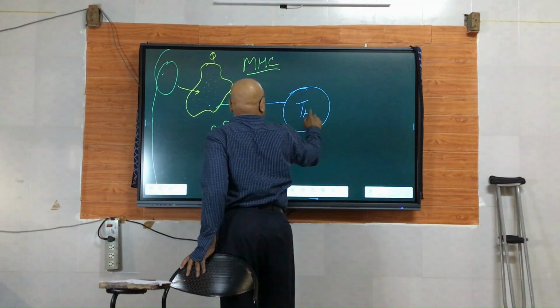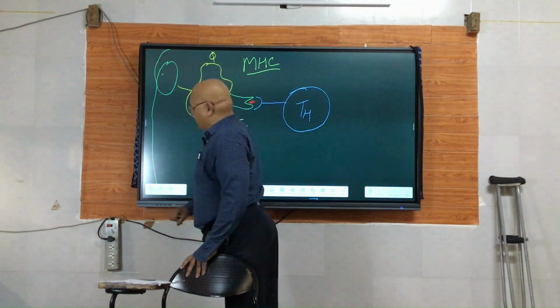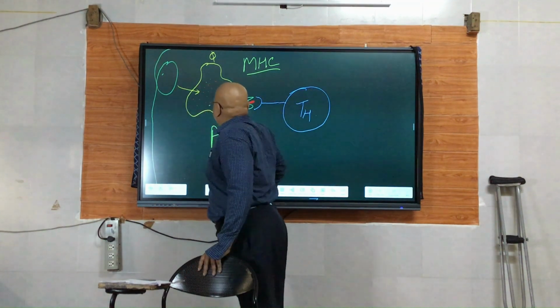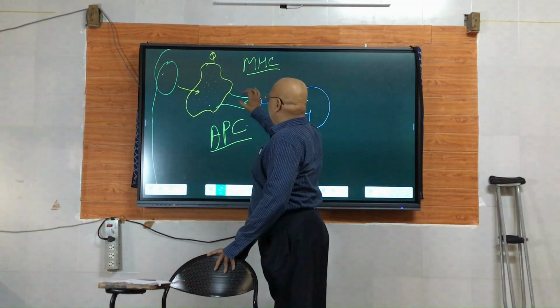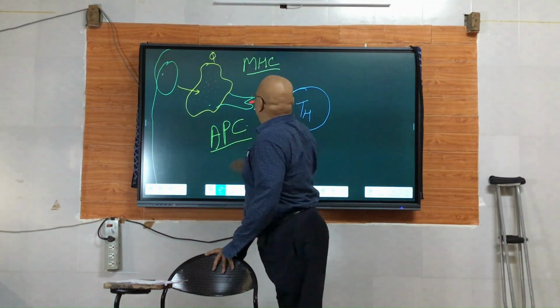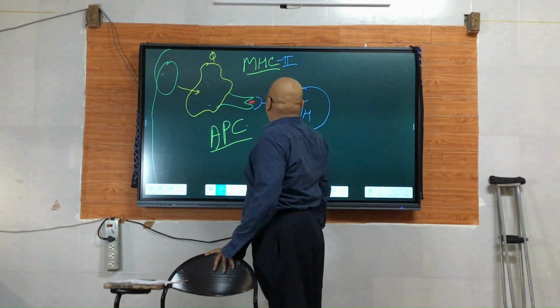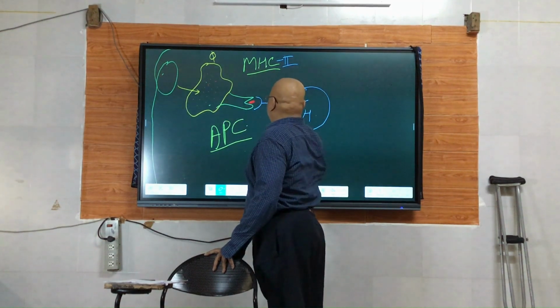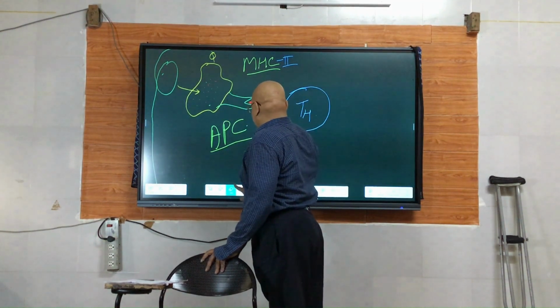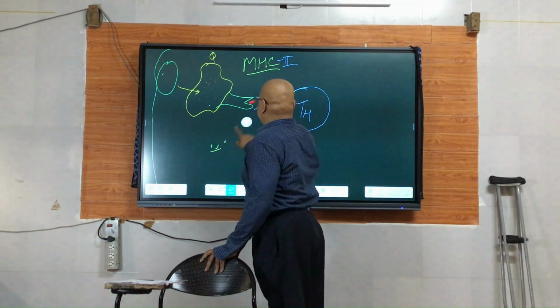I repeat, the TCR, the T cell receptor, of the T helper cell can recognize the antigenic fragment only when it is in association with MHC. And various types of MHC are there, MHC2. So this provides a stimulatory signal for the T helper cell.